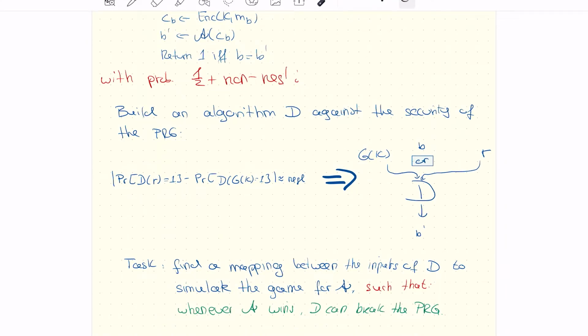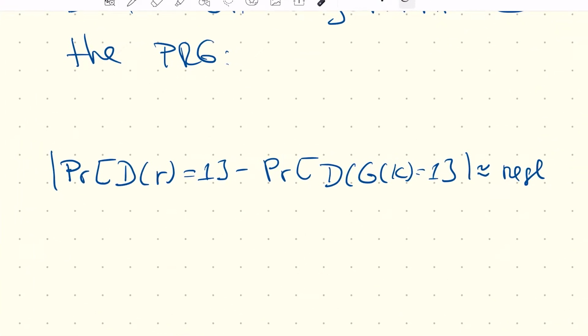So the PRG essentially, if you remember, the definition said that a PRG is secure if whenever we give an algorithm D, sometimes called the distinguisher, a uniformly random string and it outputs 1, it has basically the same probability as when we give D the output of the PRG and it outputs 1.